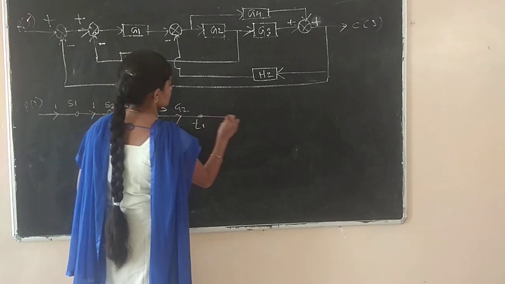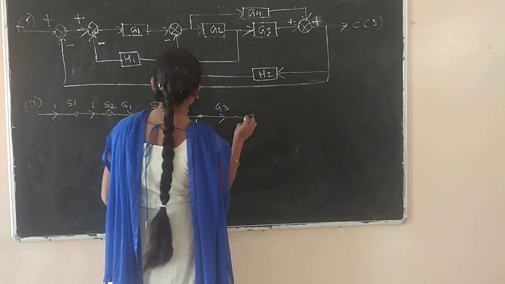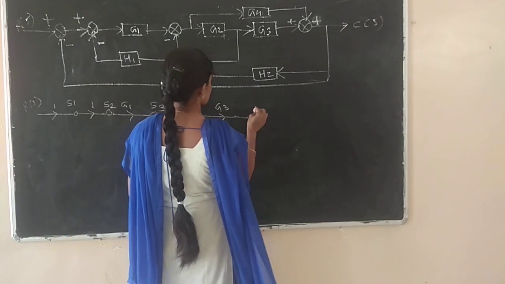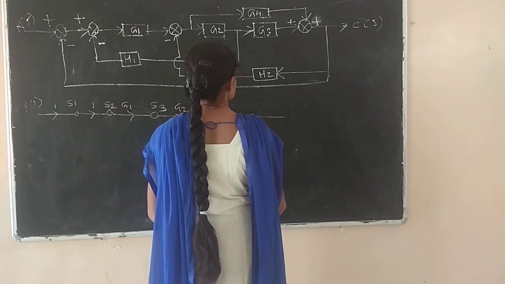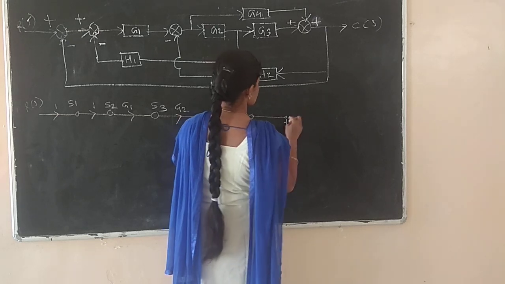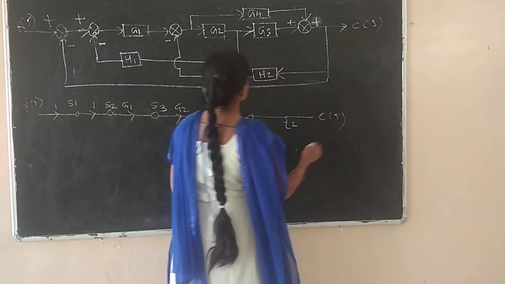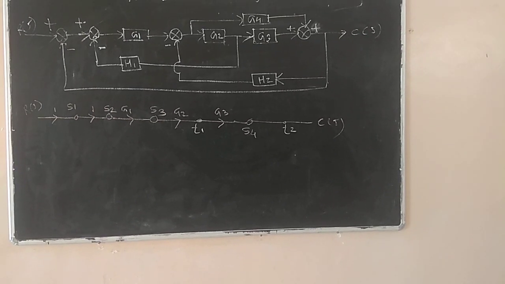Then G3, then this summing point is noted as S4, then take off point T2, and then C(S). That means each summing point is named S1, S2, S3 and S4, and the take off points T1 and T2.